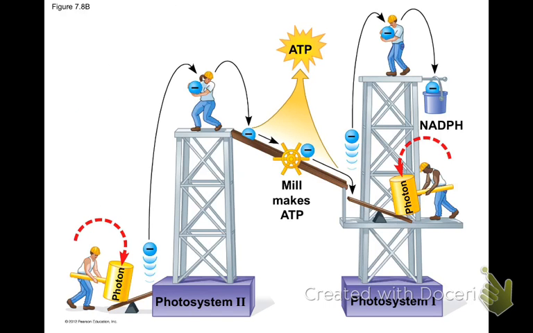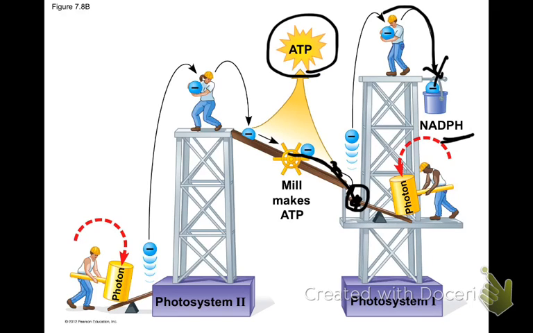So this is like a simulation of what exactly happens. If you see, light hits the photosystem 2, the electron gets excited, goes out into space. It goes through a sequence, like a mill, of electron carriers, which is responsible for making ATP. In the meanwhile, another light hits photosystem 1, and I have an electron hole that is filled by this electron, and this one conveniently reaches NADP and makes NADPH.